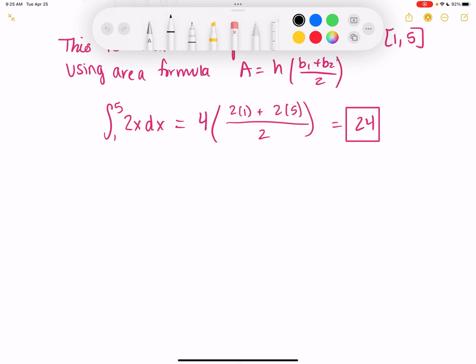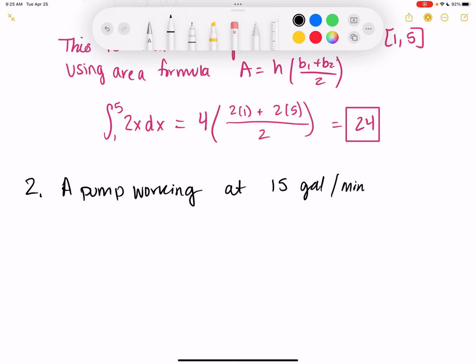So something like number 2: a pump working at 15 gallons per minute pumps for 1/2 hour. Or we could just say 30 minutes to make life easier. How many gallons are pumped?